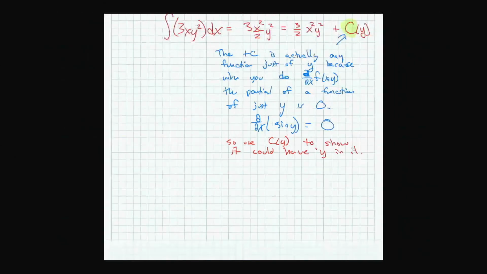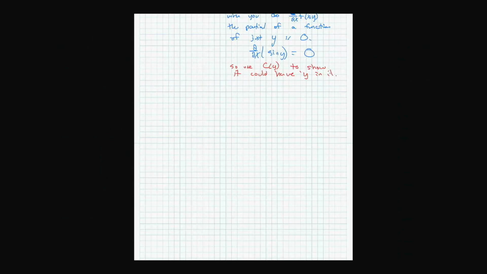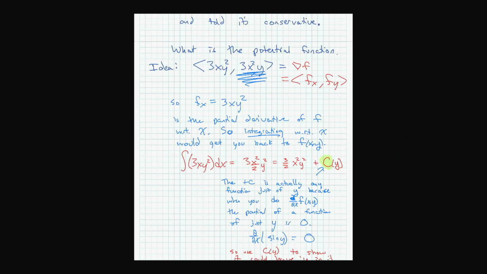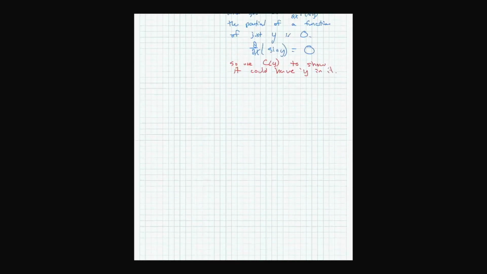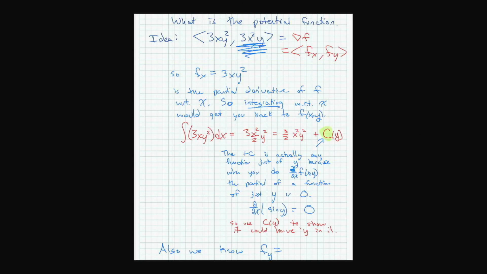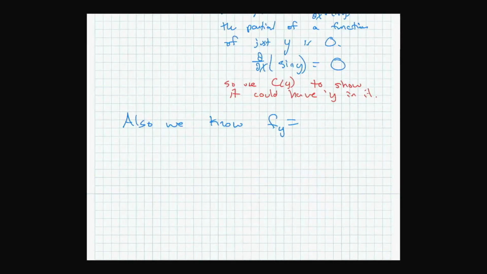Okay, now you do another integral, right? The other term was here as well. Also, we know that fy must be that other function, which was very similar looking, but 3x squared y was a little bit different.